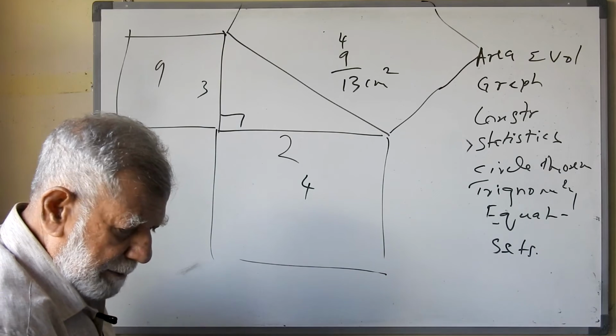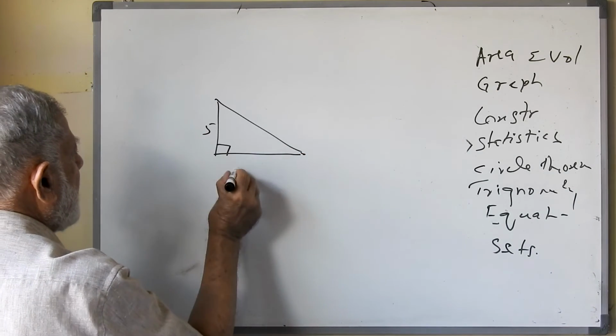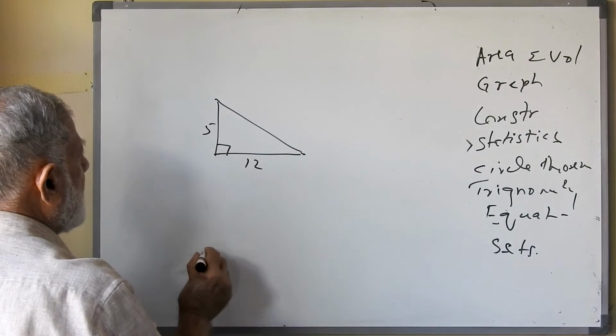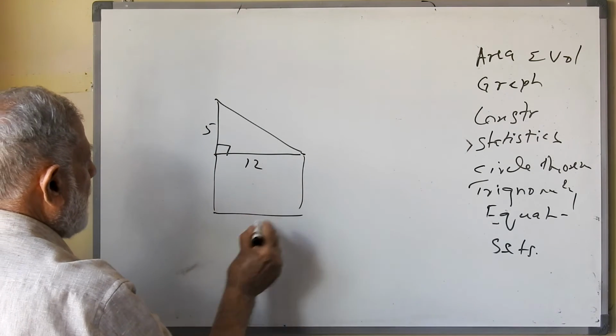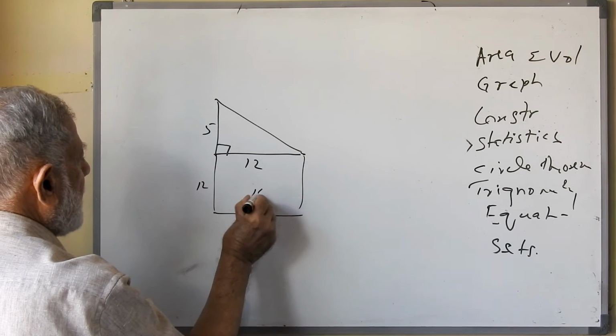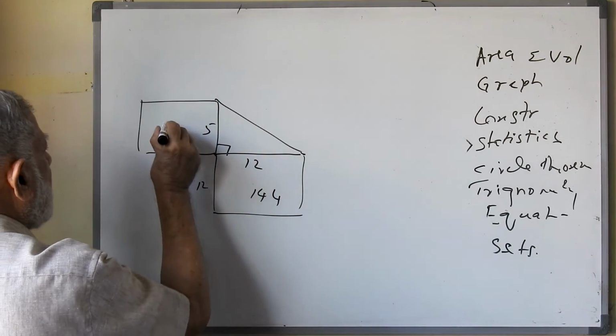We'll take another example. Look at this. I'm putting this as 5 and this as 12. So the area of this square will be 12 into 12, 144. The area of this will be 5 into 5, 25.